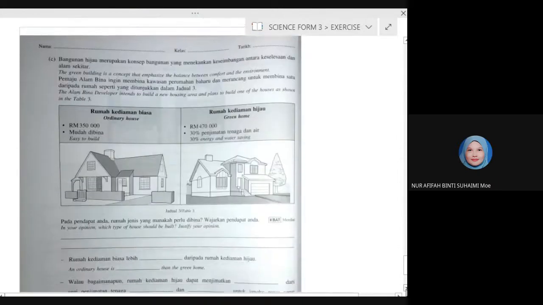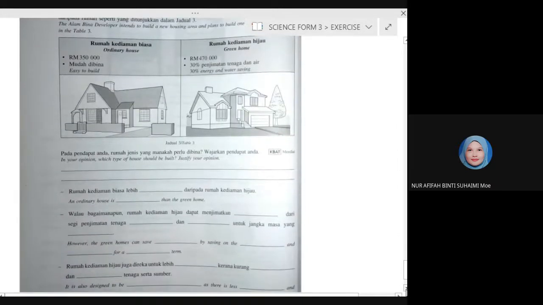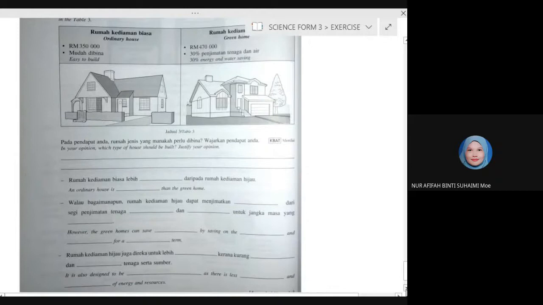Okay, C. This one also band 6. Compare between two house, ordinary house and green. Application of green technology here. In your opinion, which type of house should be built? Justify your opinion. Okay, write the value and easy to build.